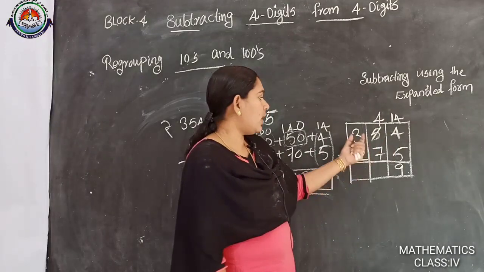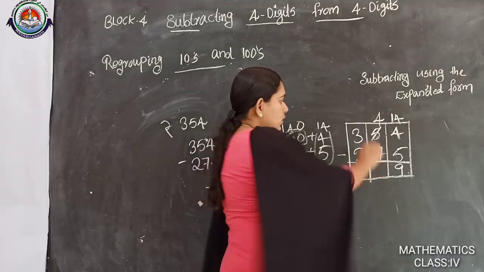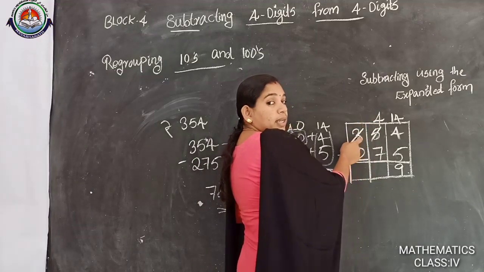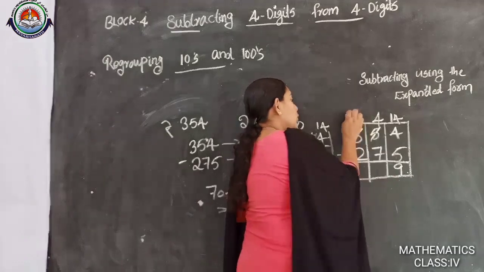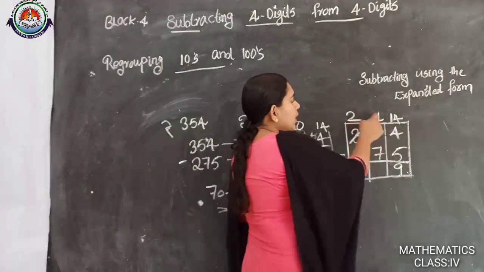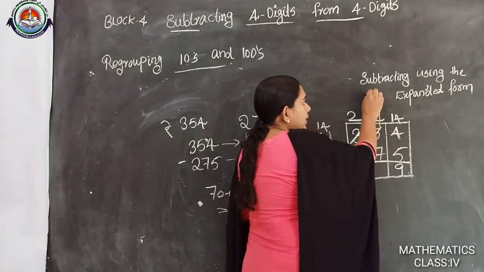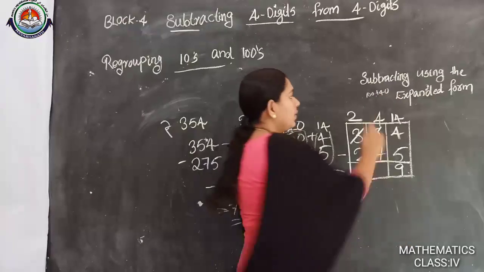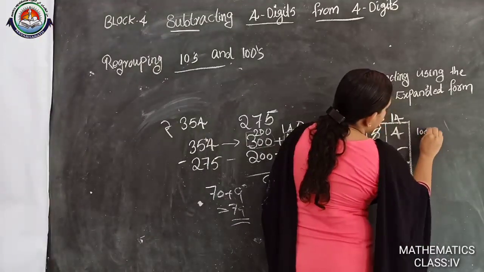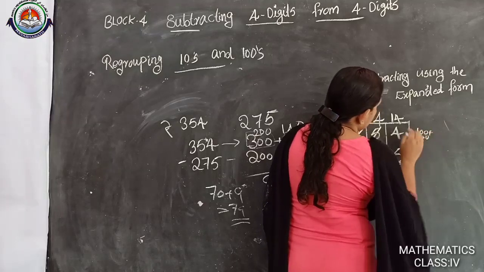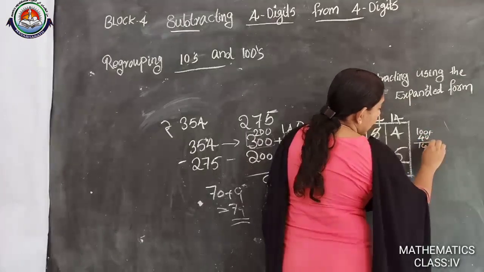Then is 4 minus 7 possible? No, we take 1 from the hundreds place. Here already 3 is there. We take 1, then remaining here is 2. Then we take 1 to here. That means 100 plus 40, 140.